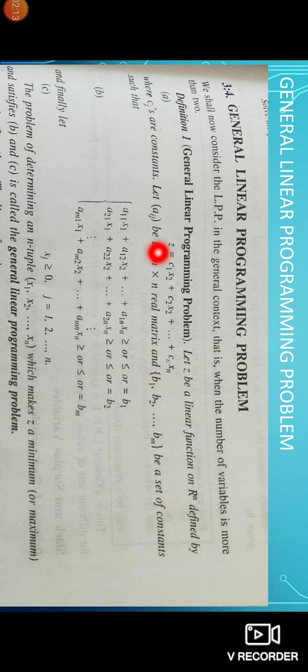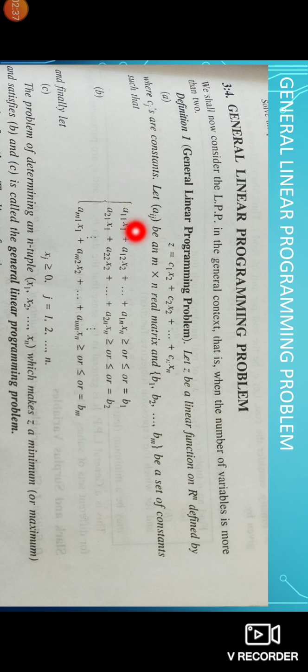You know the objective function z is to be maximized or minimized. Here c1, c2, cn are constant values, and x1, x2, xn are variables. Now, cj is a constant, as I have already explained.